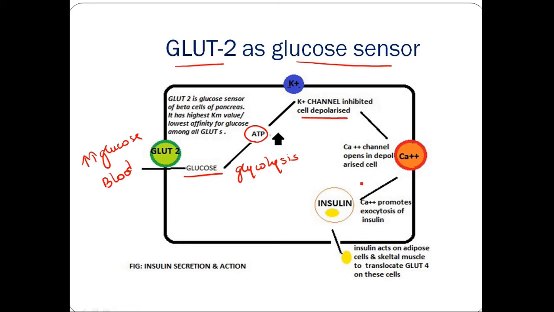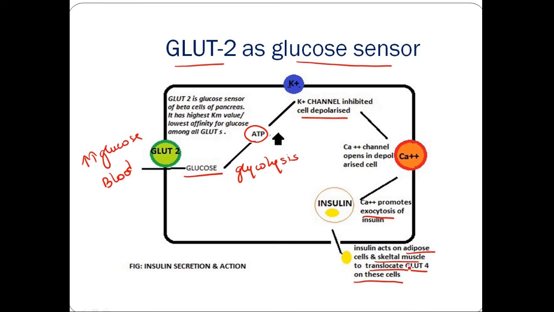calcium concentration will increase in the cell, and this will cause the vesicles which contain insulin to undergo exocytosis, and insulin will be secreted in the blood. This will be transported to adipose tissue, skeletal muscles and cardiac muscle, and this will translocate GLUT4 on these cells.